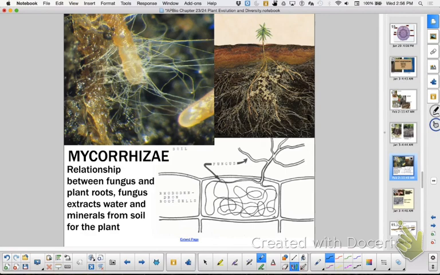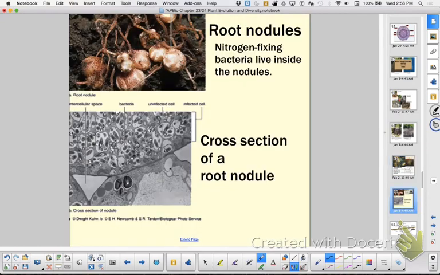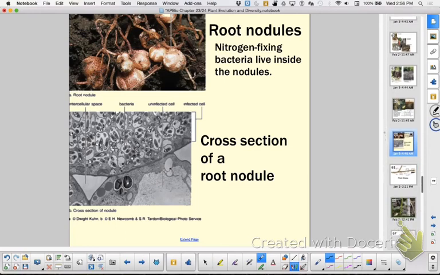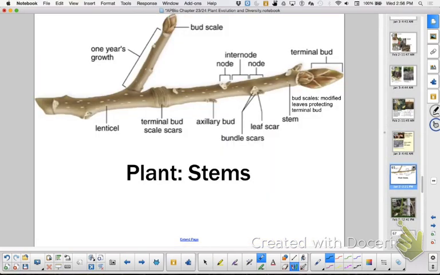We looked at mycorrhizae again, okay, an adaptation with a fungus, helping it acquire certain minerals and water absorption, paid back from the plant with sugars. We looked at nitrogen-fixing bacteria, helping the plants access nitrogen, really good for us. Okay, moving on to stems.